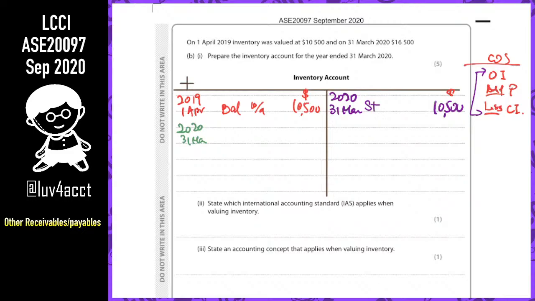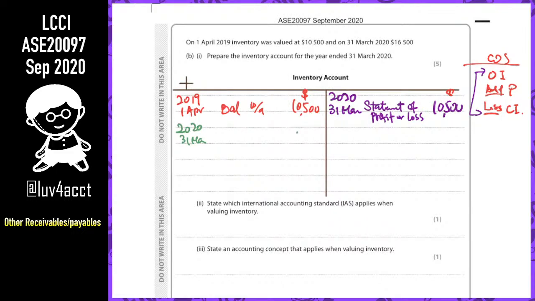Statement of profit or loss. And here, closing balance 16500. Again, statement of profit or loss. Because you can see this one goes here, and then the other one goes here.